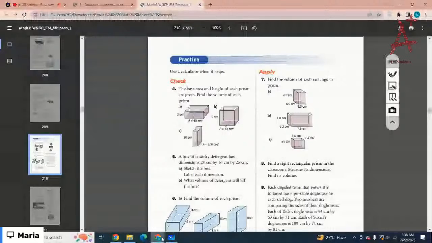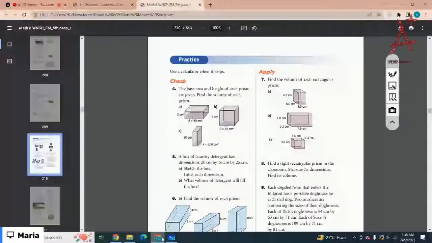First calculate the area, that is 28 times 16. That would be 448, times 25.